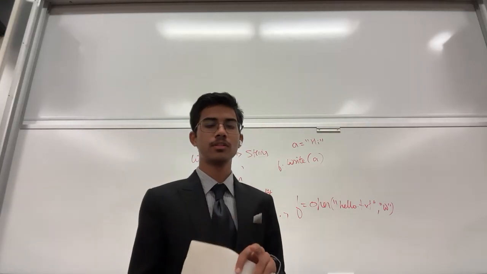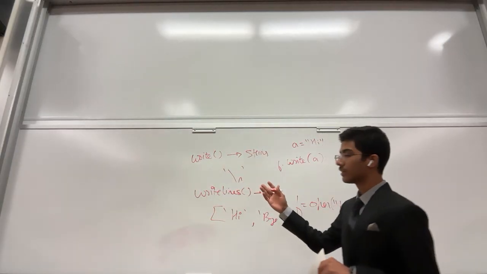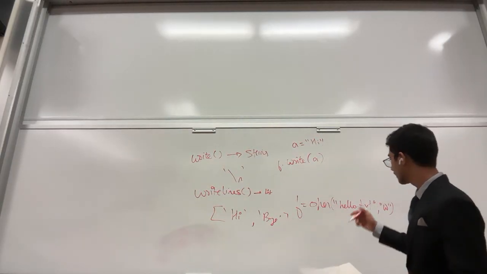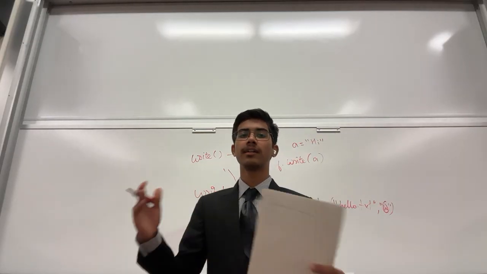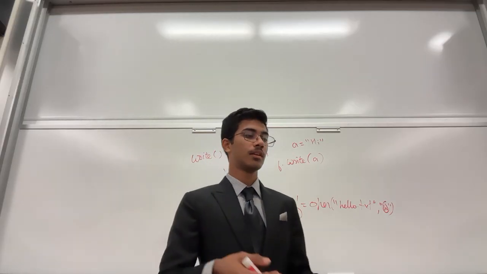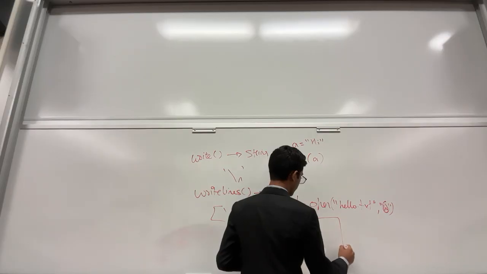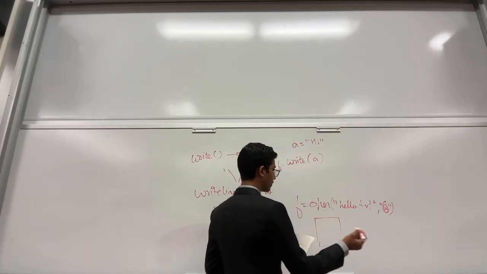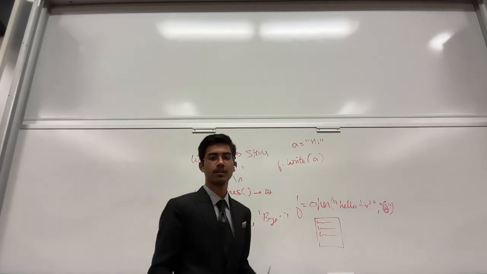Now, something which is very important to remember is that the write and writelines functions, or essentially anything that is opened in w mode, overwrite the entire contents of the file. So, let's assume that I have a hypothetical paper with me, and I used a pencil to write some data onto that paper.